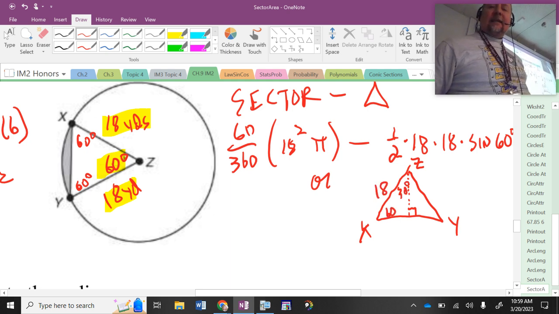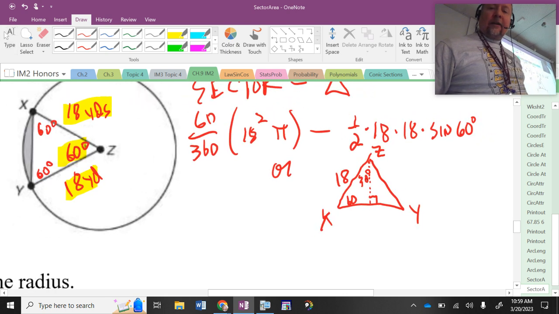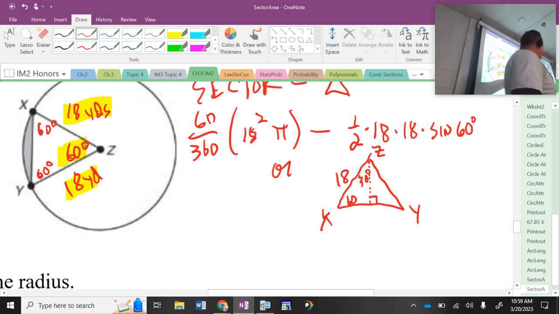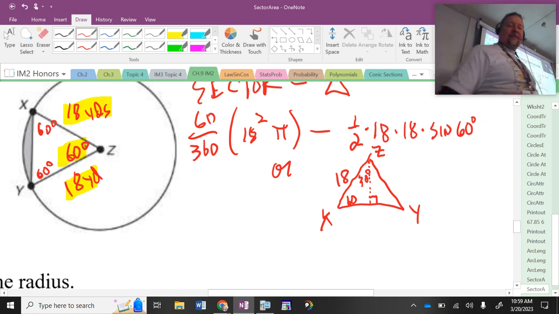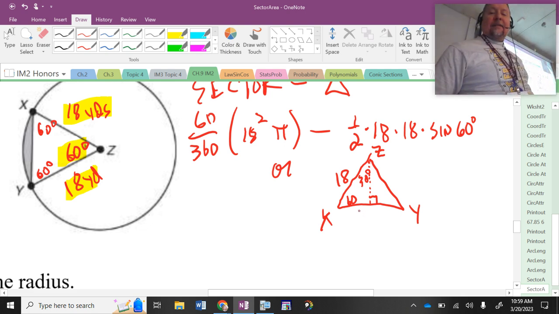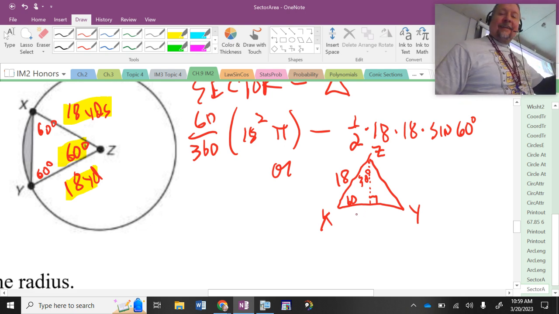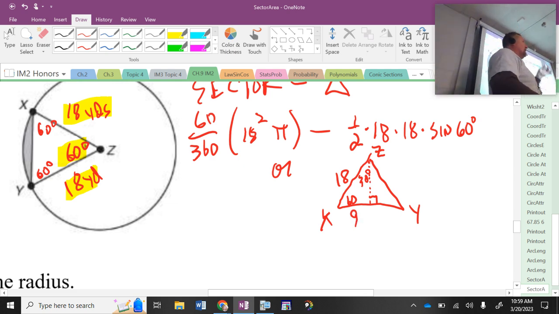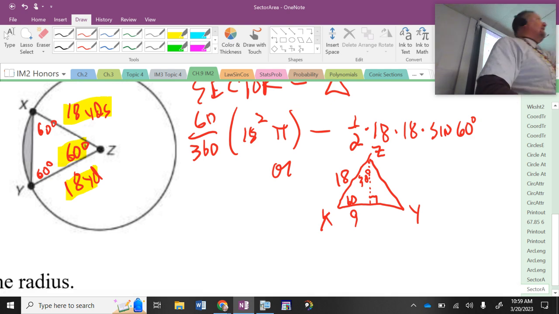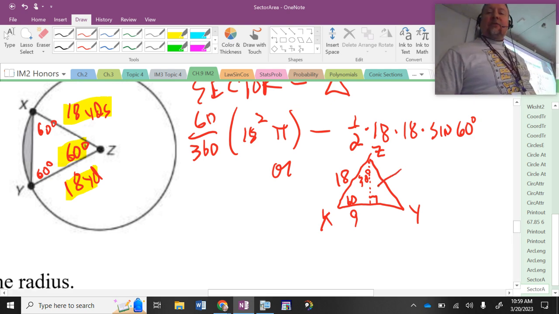And if this is 18, what is this side? What is the side opposite 30 degrees? Well, we should know that 18 gets cut in half. So 9. And then what is this altitude now? 9 root 3, and then 18. So this altitude is actually 9 root 3.